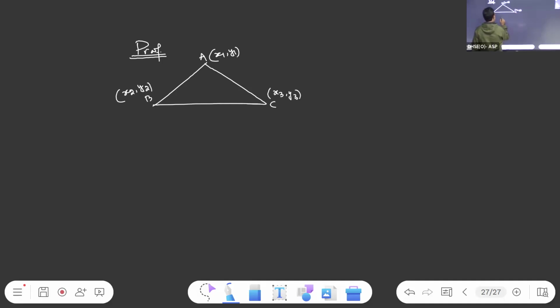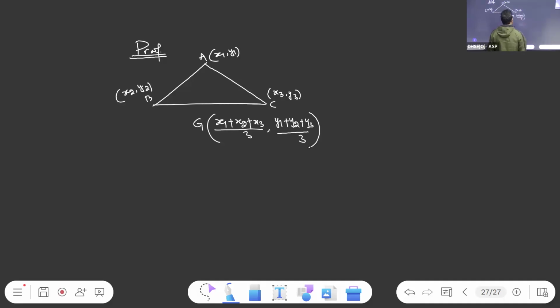The coordinates of centroid are x1 plus x2 plus x3 upon 3, comma y1 plus y2 plus y3 upon 3.